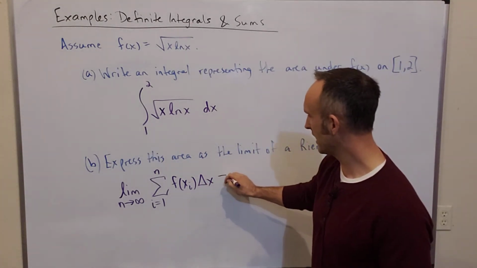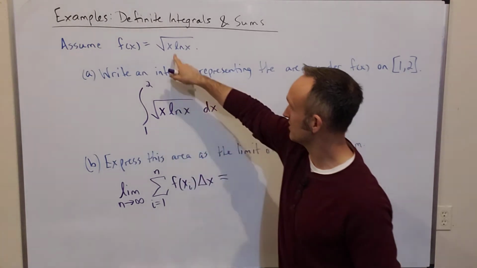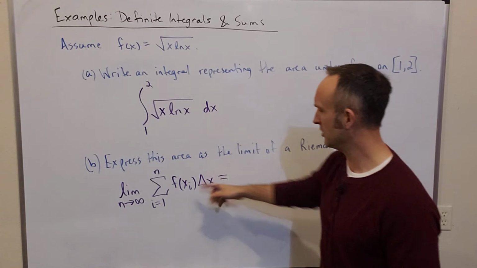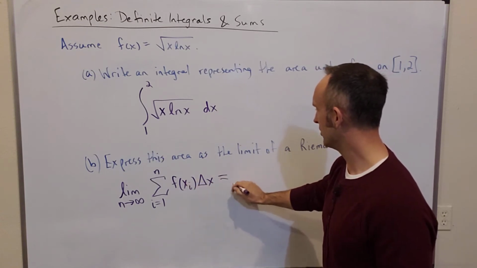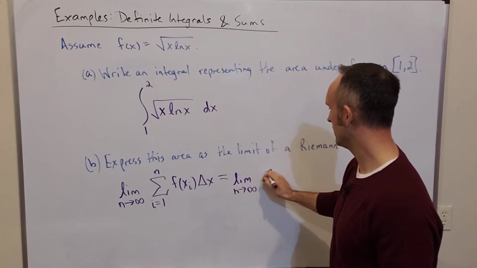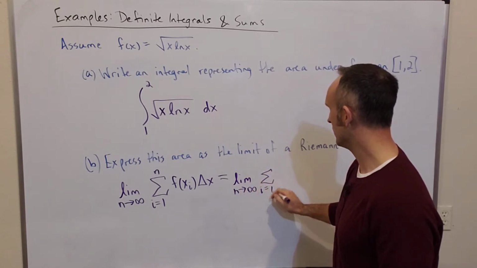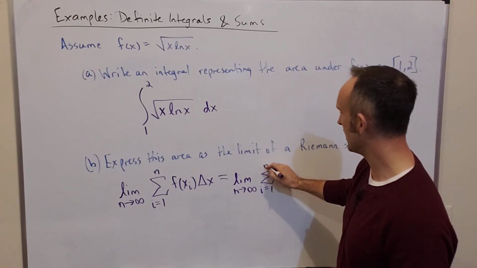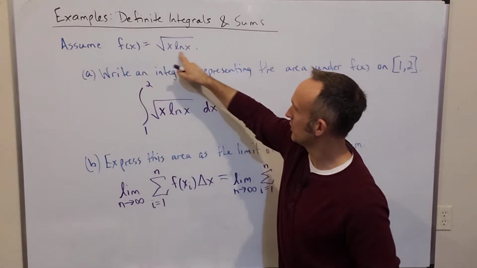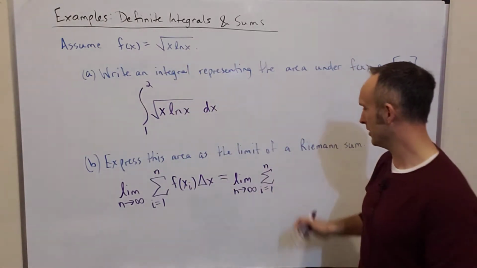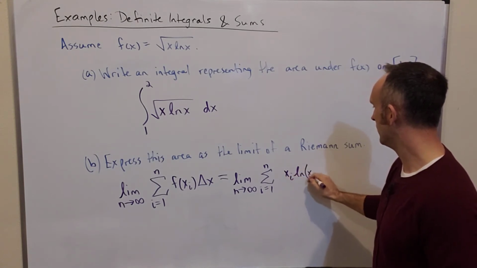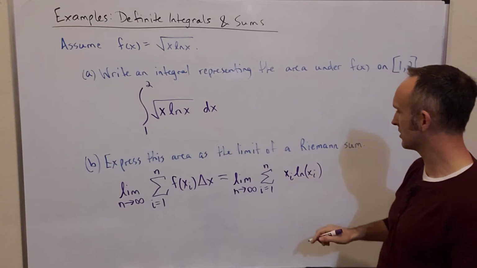In this particular case, we know our function is this one. And by the way, you could put an asterisk on here if you like, either way. So the limit we're looking for is the limit as n goes to infinity of the sum from i equals 1 to i equals n of f of x sub i, where x sub i is the input. So we'll have the square root of x sub i times the natural log of x sub i. Again, you can put an asterisk on those if you want.